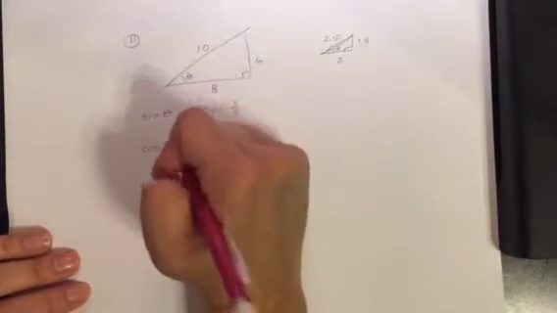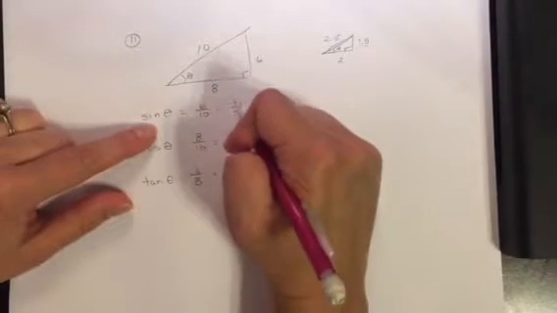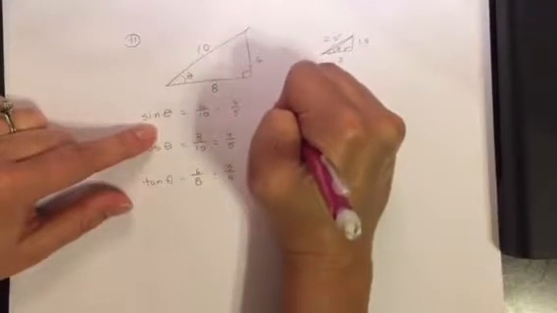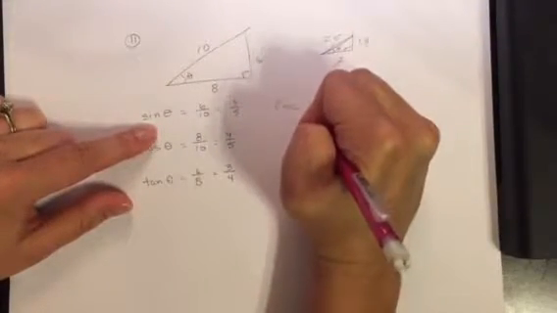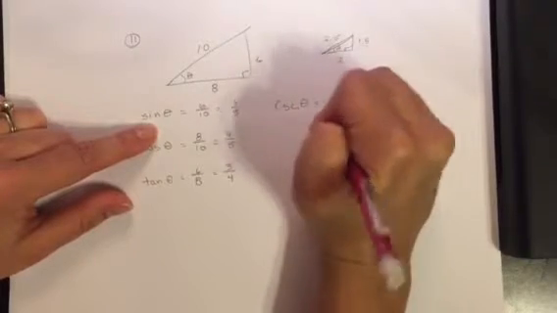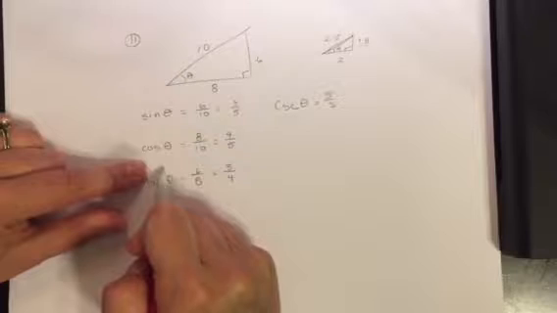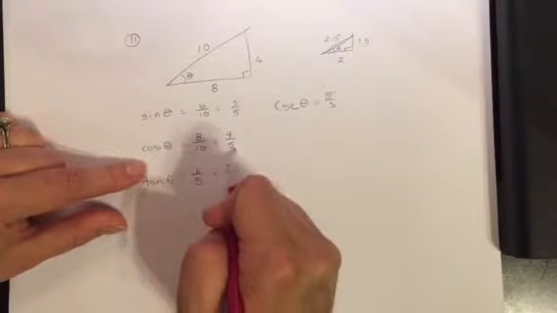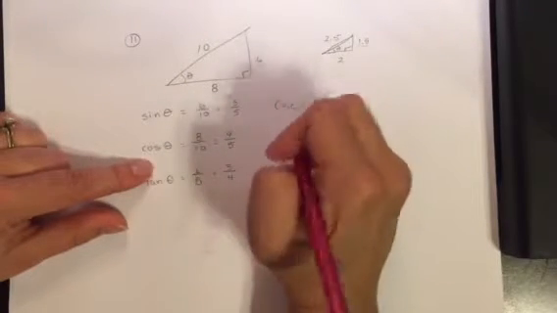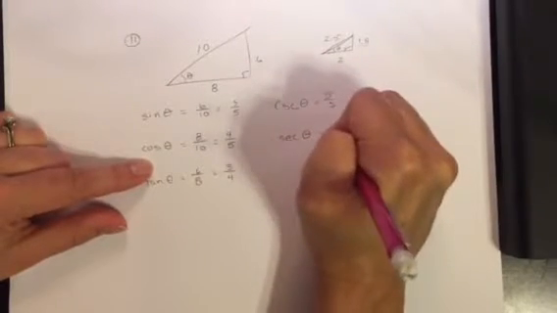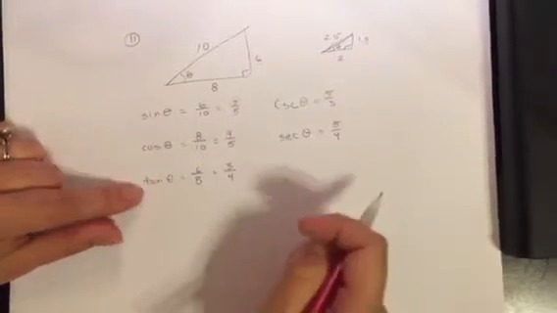Okay, so now we know if sine is 3/5, then cosecant is going to be the reciprocal of that, so cosecant theta is 5 over 3. And if cosine is 4/5, then the reciprocal of that, secant, is going to be 5/4.